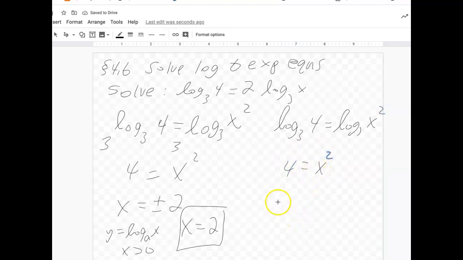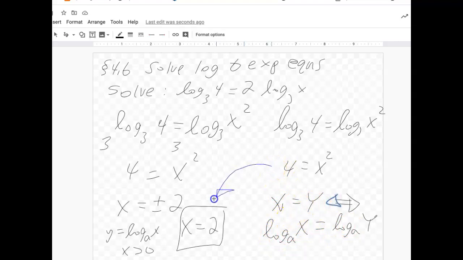You might have seen the property, if you have x equaling y, then you can log both sides, right? And this goes both ways. If you have logs on both sides, it means that it's going to essentially be the arguments. And so you'll still end up getting to the same result.